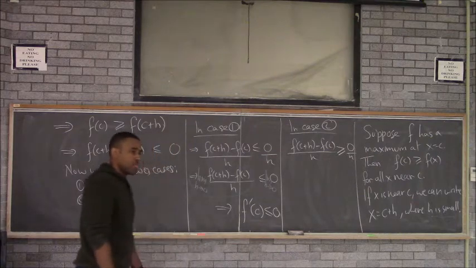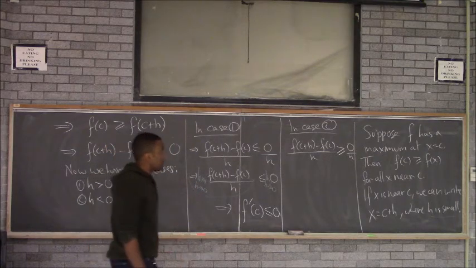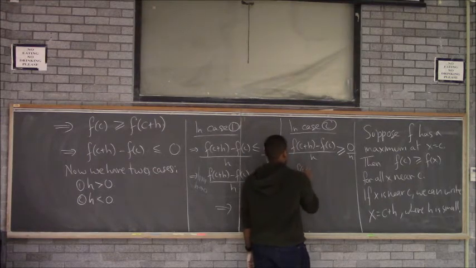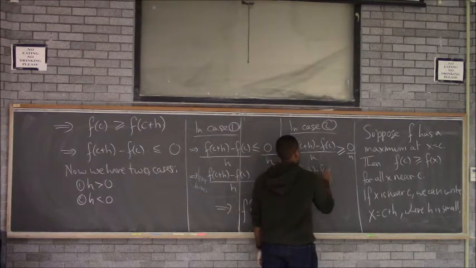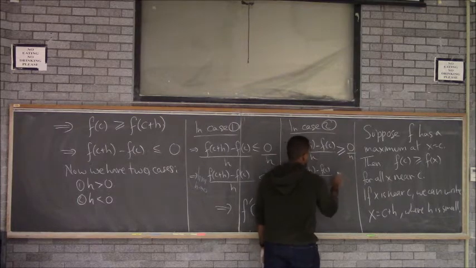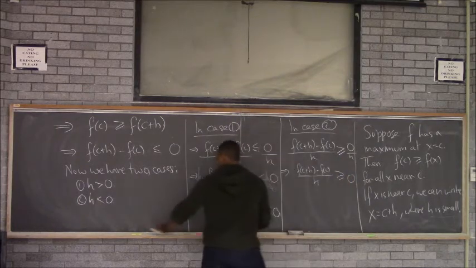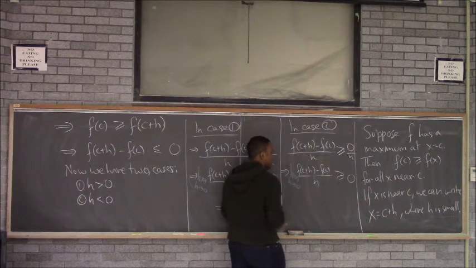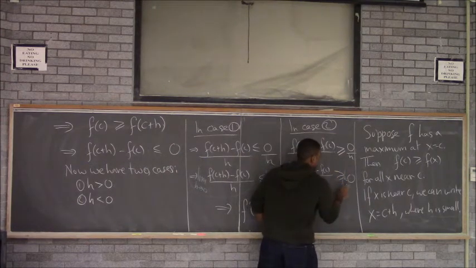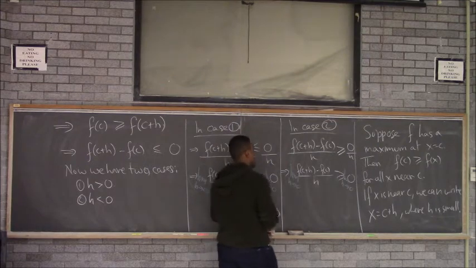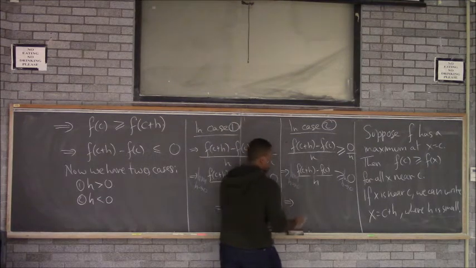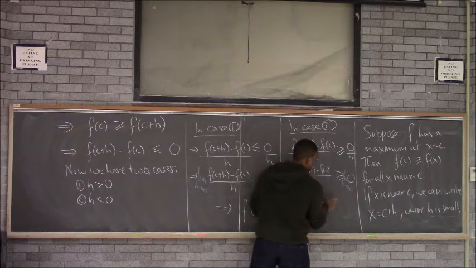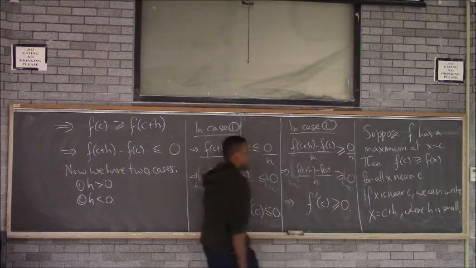You multiply or divide by a negative, the sign is going to flip. Again, 0 over h is just 0, and what I'm going to do is I'm going to take the limit of both sides. The limit as h approaches 0 specifically. And what's going to happen is the left side is again f prime of c. And the limit of that side is 0. So we have that.